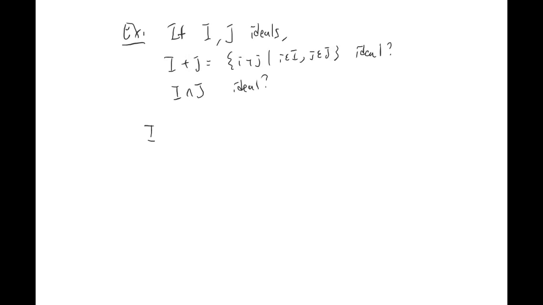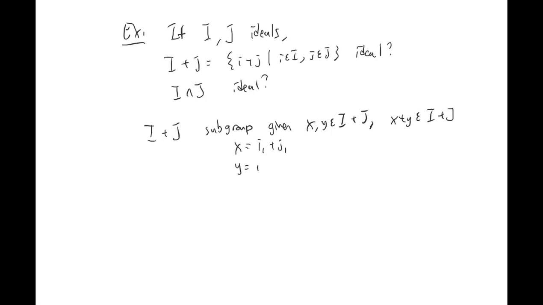So let's check. I plus J is a subgroup under addition, so what do I need to check? I need to check that it's closed. Given two elements x, y in I plus J, I need to show x plus y is in I plus J. Since x is in I plus J, I can write x as i1 plus j1, and y as i2 plus j2.